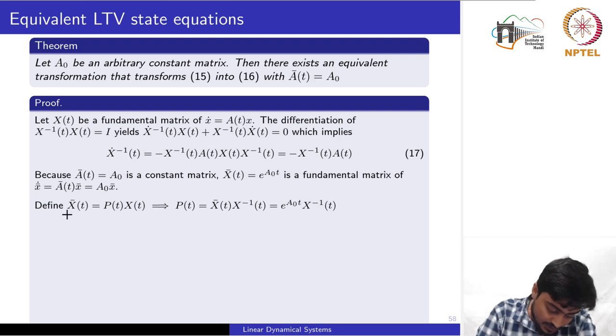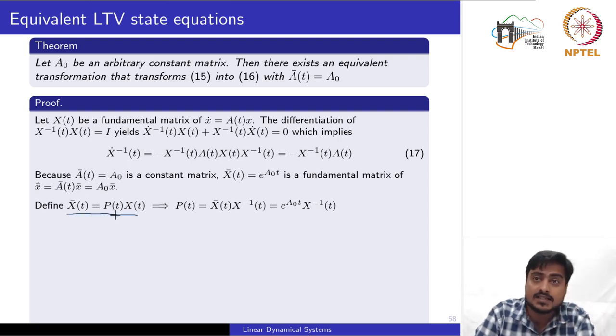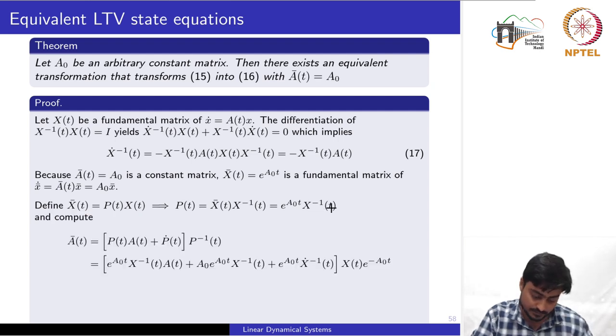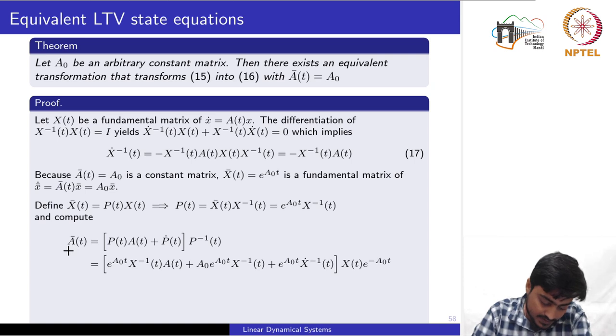So again, recalling the result we had seen in the last slide, that X bar is equal to P into X, I can express P of t as the multiplication of X bar into X inverse, where X bar I know is the matrix exponential. So my P of t is basically the matrix exponential into the inverse of X. And then we compute this A bar, which was given by P into A plus P dot into P inverse.